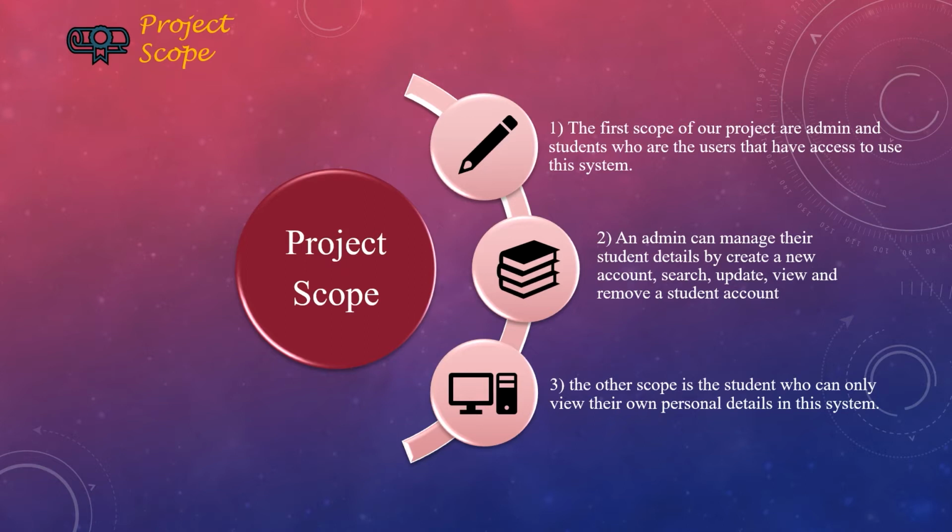And admin can manage students' details by using the functionalities of an admin in this system, which are to create a new student account, search an existing student account in the system, update information in an existing student account, view existing student account information, and remove an existing student account from the system.